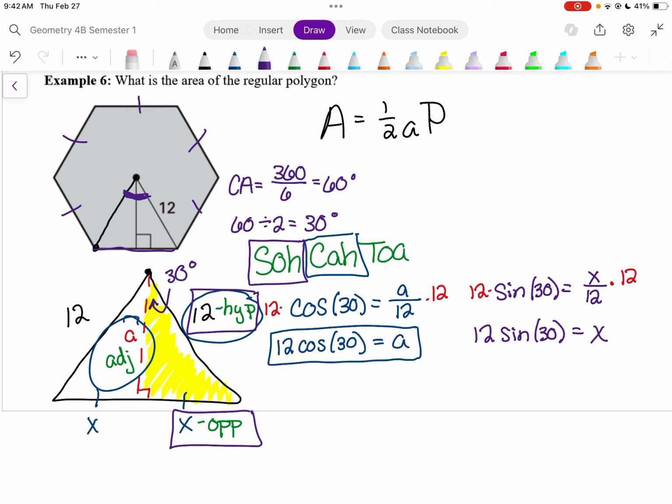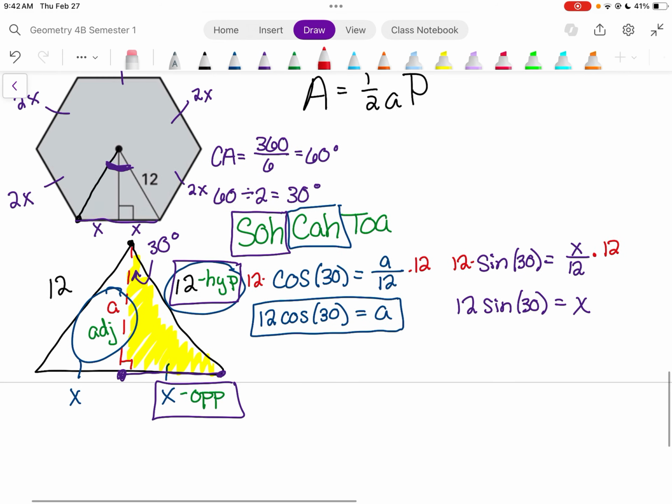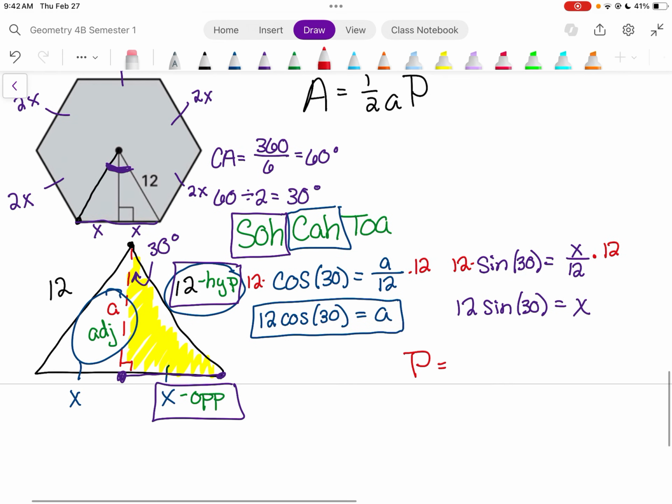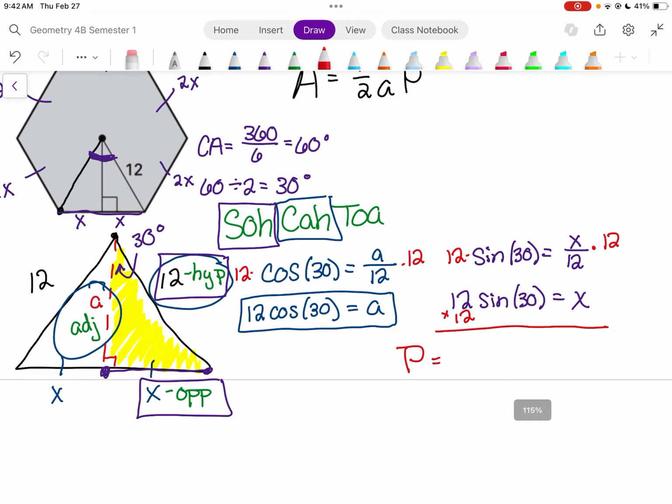Now, this is where some people will plug this into their area formula as the perimeter. But remember, this is only the length of x, which is half of our side. So there are actually 2 x's for every side of our shape. If we look around our entire shape, we have a total of 12 x's. So to get our perimeter, we take this times 12.